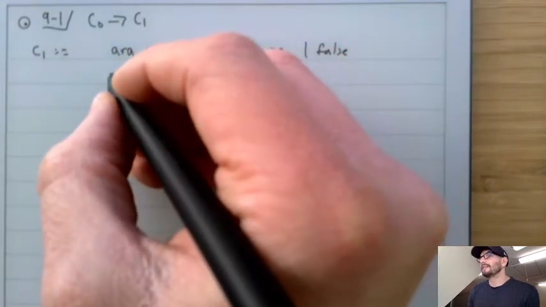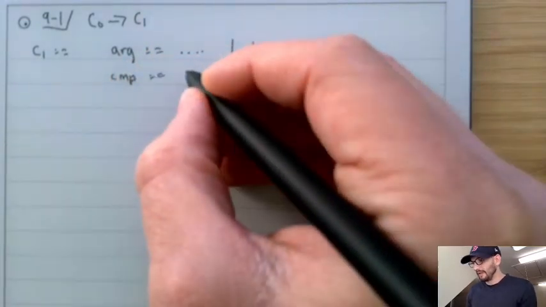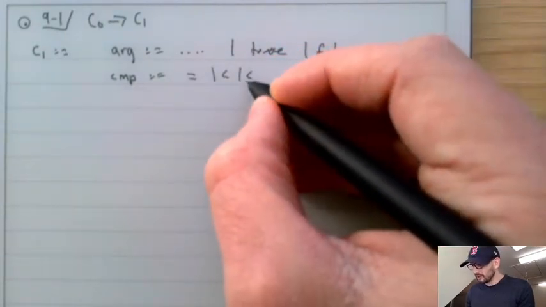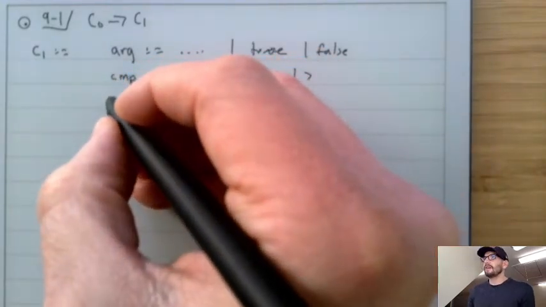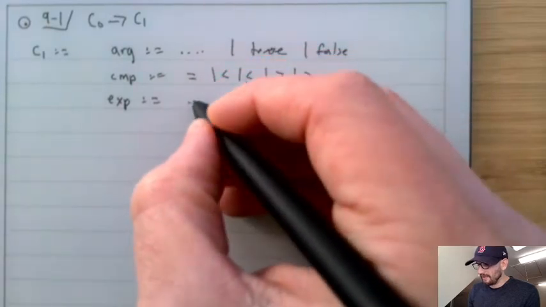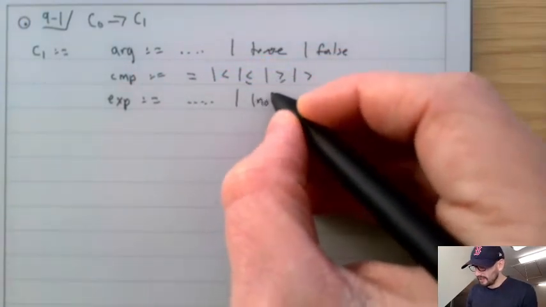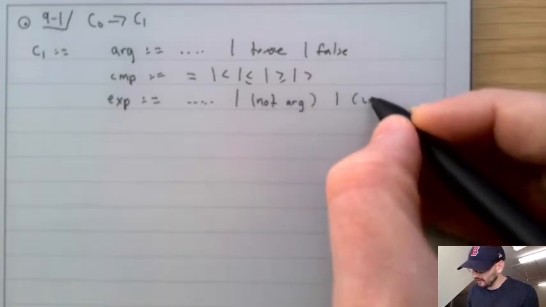And there's going to be a new category of comparisons, which will be equality, less than or equal to, greater than or equal to, and greater than. There's going to be new expressions. So the expressions will have the things that it had before. It'll also have not of an argument, and it'll have a comparison of two arguments.